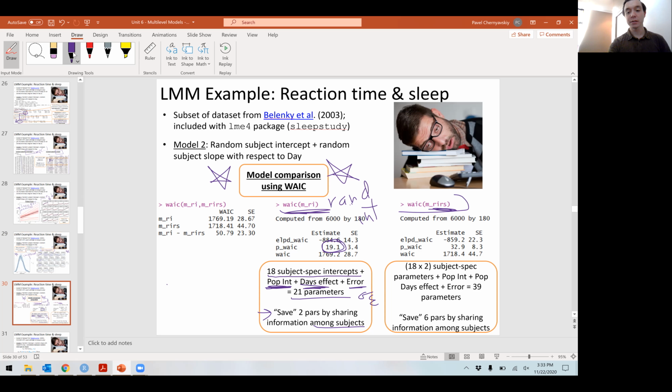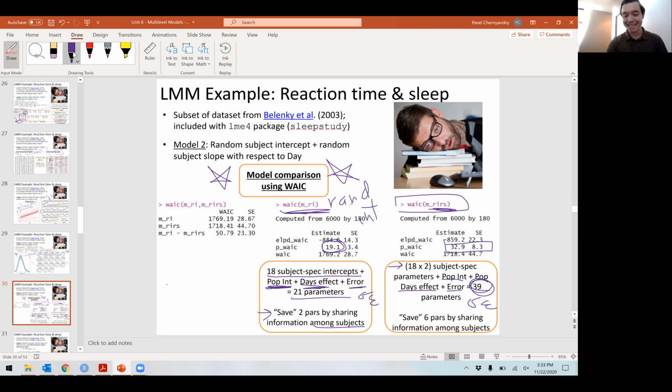With the slopes, the savings are greater. We now have 18 times 2 parameters. Why 18 times 2? 18 subject-specific intercepts and 18 subject-specific slopes. We still have a population intercept, we have a population slope, and an error term. So in this model, we're trying to estimate 39 different parameters, but the model is reporting 33 effective parameters.